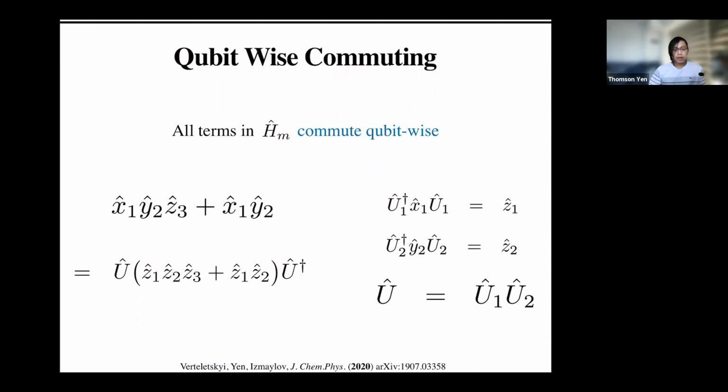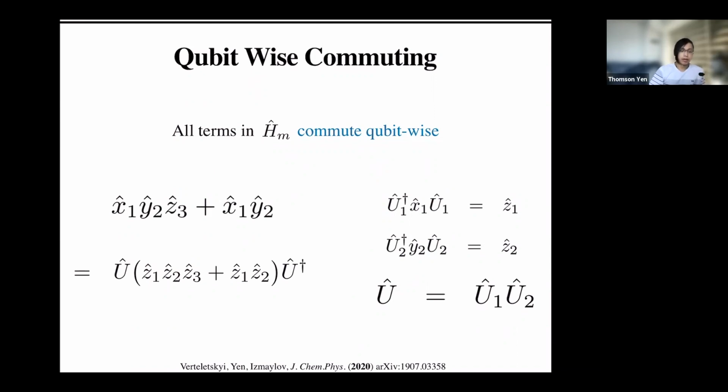So this is a nice method in the sense that the unitary is very simple. Remember, the unitaries you have to put on the variational quantum eigensolver would add on to the cost of the circuits. So you only need single qubit unitaries for qubitwise commuting groups. So at most, it scales with O(n), where n is the number of qubits or number of orbitals.